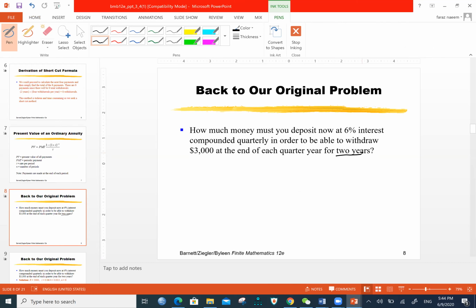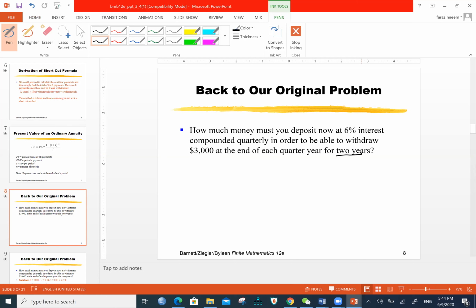After the prescribed period, you will be left with zero balance. How much money must you deposit now at 6% interest compounded quarterly in order to be able to withdraw $3,000 at the end of each quarter year for 2 years?